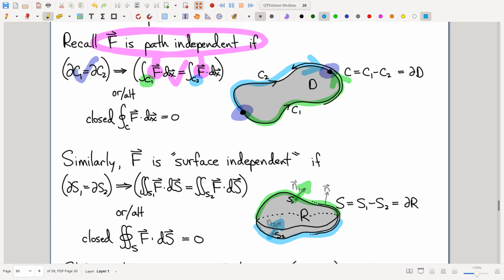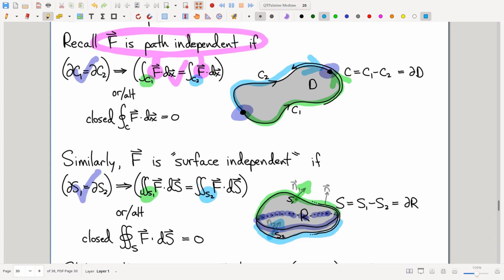So geometrically different. And sometimes those two surfaces might have the same boundary, but wait a second, we're talking about surfaces, so their boundaries are curves. So you might have two surfaces with the same boundary curve. We're going to ask, is there a relationship between, not the line integrals, but the fluxes instead of the line integrals.